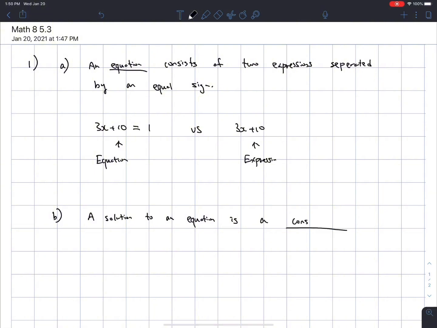So this is a constant that makes a true statement when substituted into the original equation.